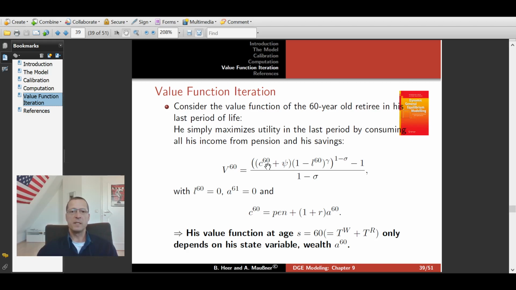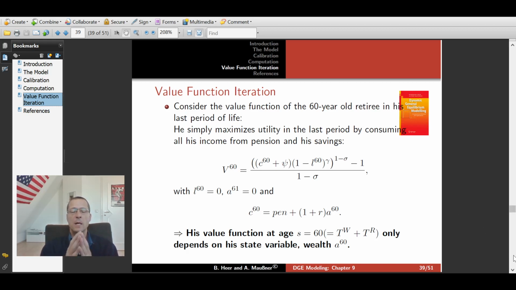His remaining lifetime is just this one period, so the value function is equal to the last period utility function. We know how much he consumes, and this provides us with the value of the value function. Notice that it's a function of A_60, his beginning of period wealth level at age 60. So his value function at age 60 only depends on his state variable, wealth A_60.